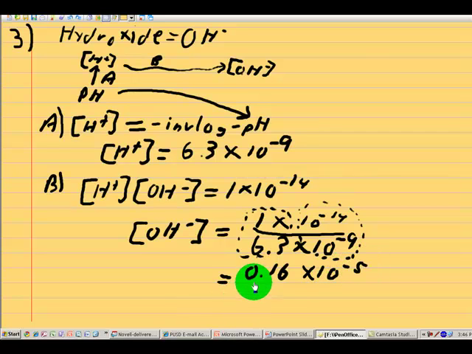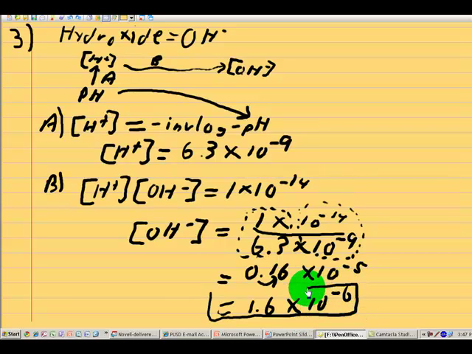Now, to change this into full scientific notation, you're going to move this over 1. You'll get 1.6. That would be times 10 to the minus 6th. And that would be your answer.